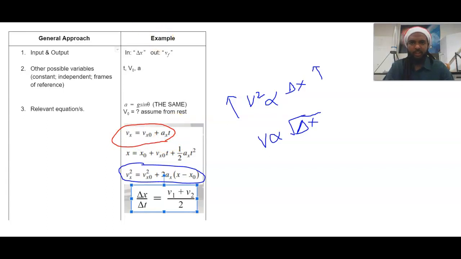Now you can also look at it in terms of time by using this relationship, but I would suggest that if you wanted to use time, you'd have to justify why time and how time would increase with an increase in X, and that would be using this relationship here.